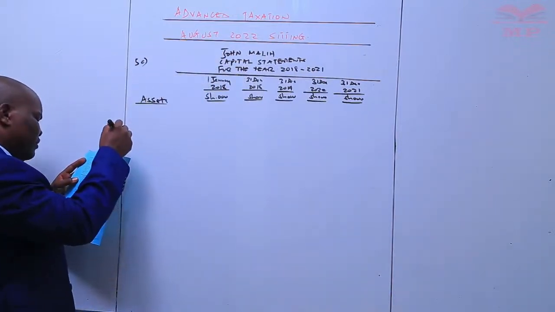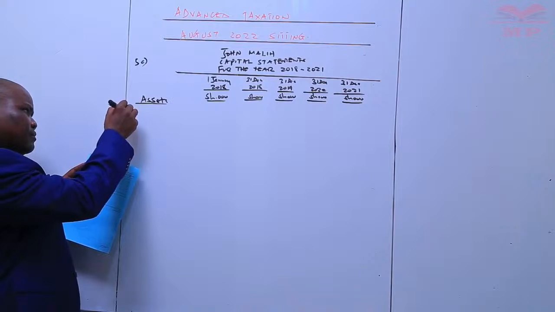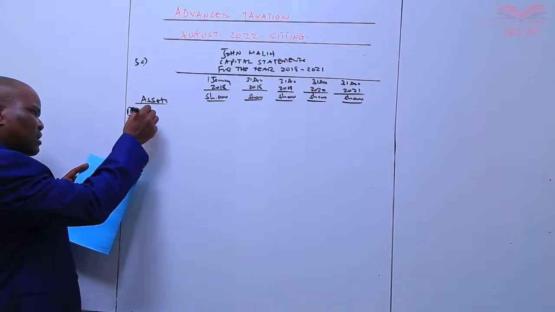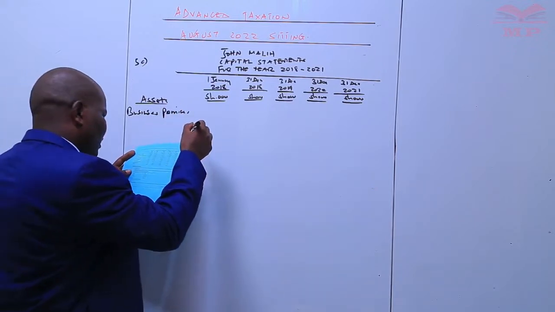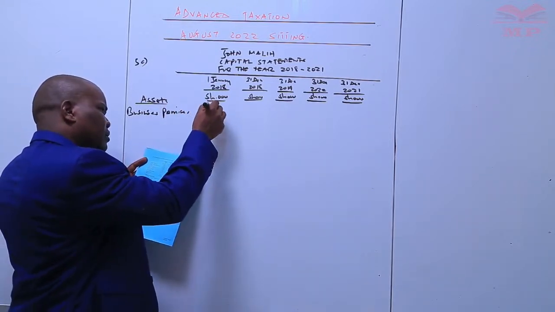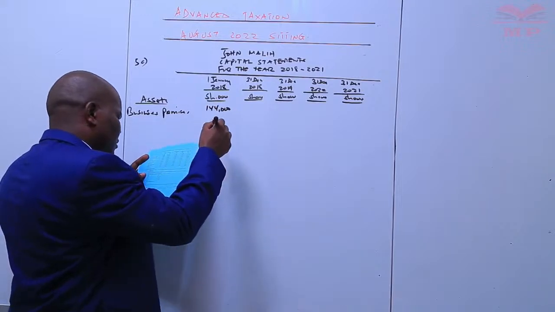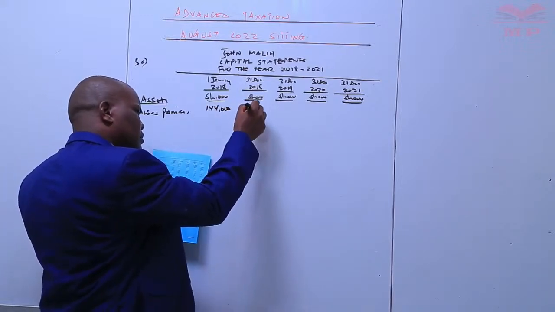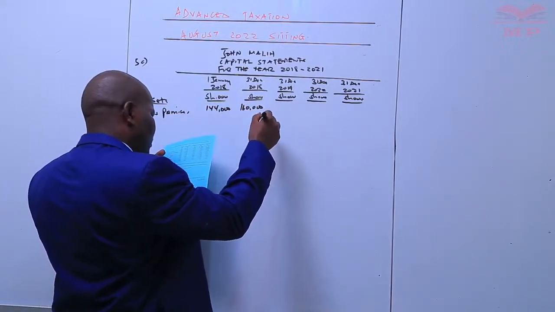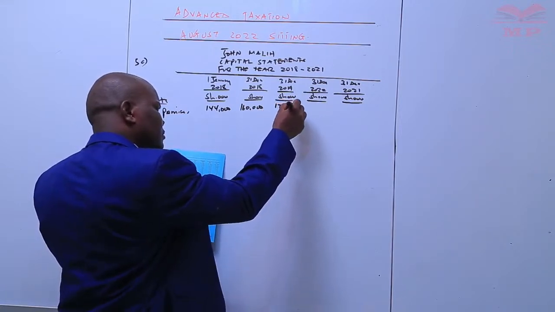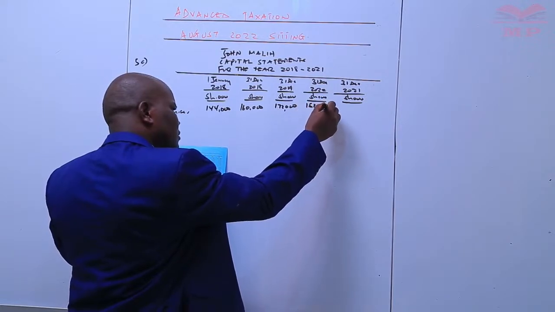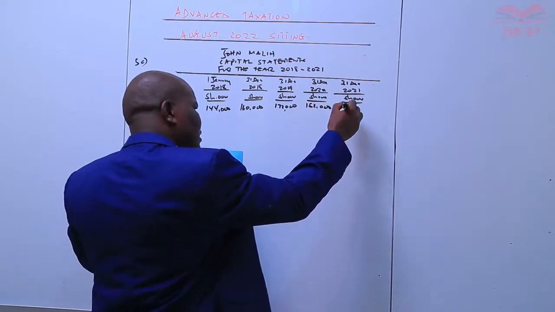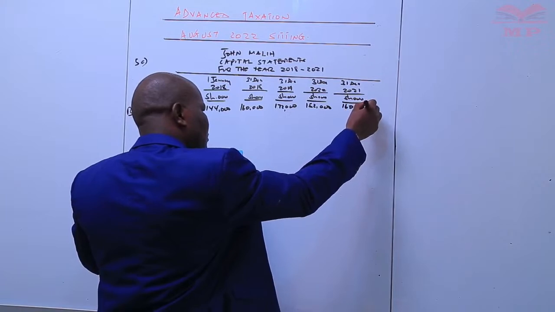So when we have business premises, that is an asset. Business premises, 2018 January, 144 million, 160, 172, 152, and 160 million.